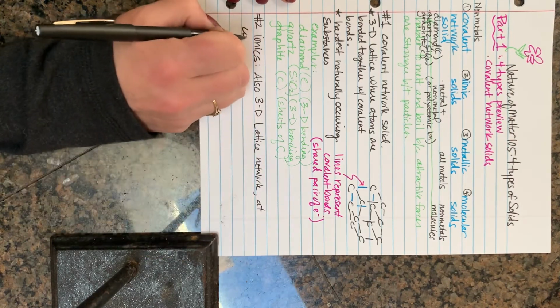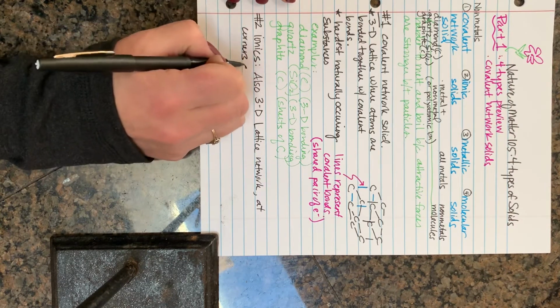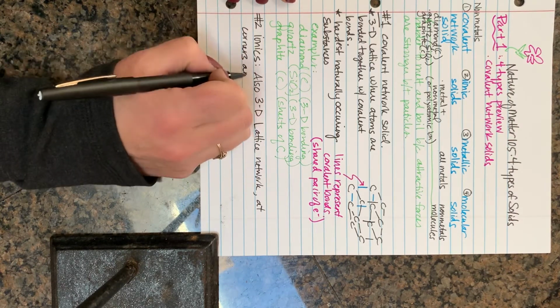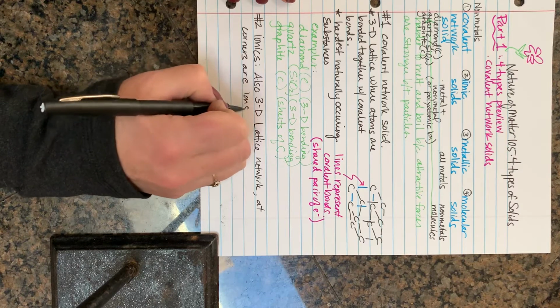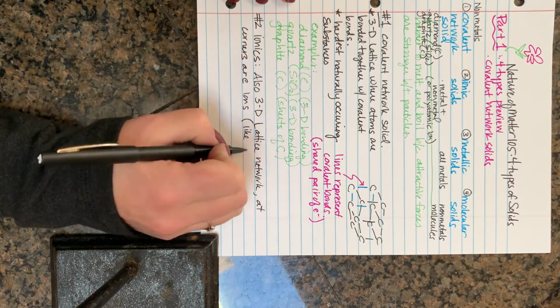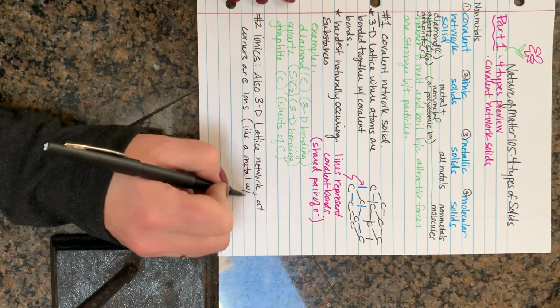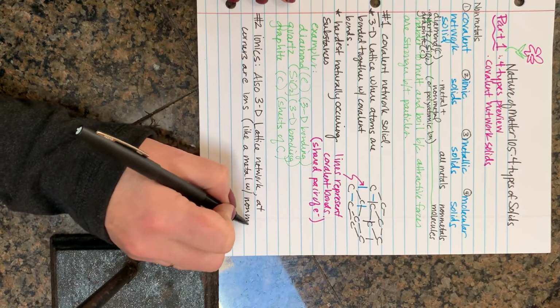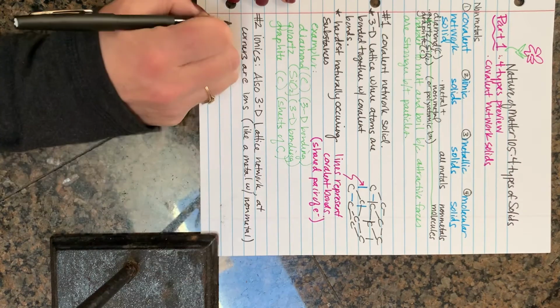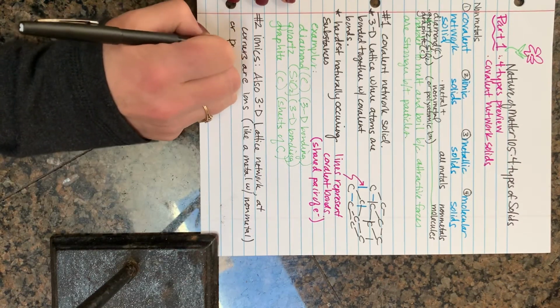At the corners are ions, like a metal with a non-metal bonded to it, or a polyatomic ion.